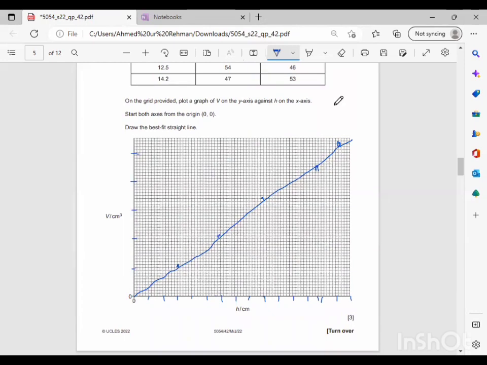I can only make a straight line when it passes through most of the points, but not all of the points, right? For example, see, it's not passing through this point. It is passing exactly through this point, but it's not passing through some of the points, but it should be close to those points. Wait, let me show you also. Let me show you a line of best fit. Let me give you an example. Wait.